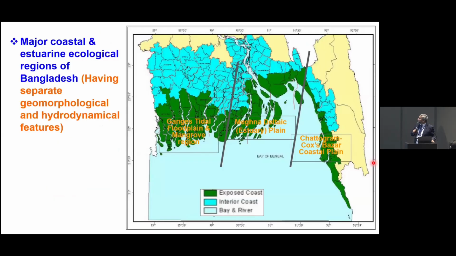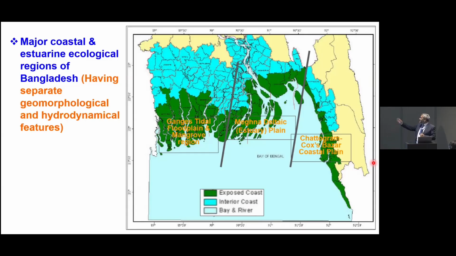If we see our coastal and estuarine ecological region, we can divide it into three parts. In the westernmost part, you see the Ganges tidal floodplain, which is basically the mangrove region. Then the middle part is the Meghna deltaic island, which is actually the major estuary in Bangladesh.